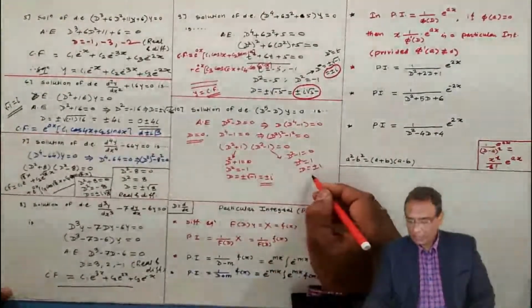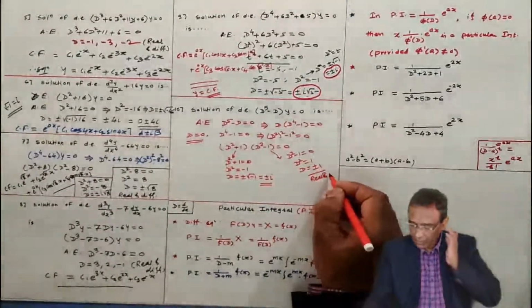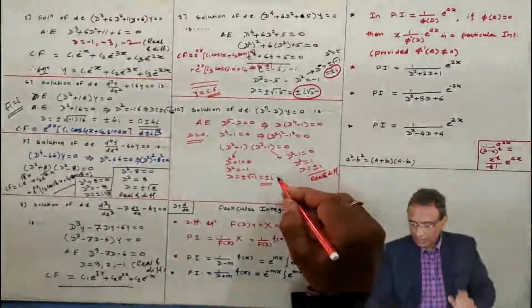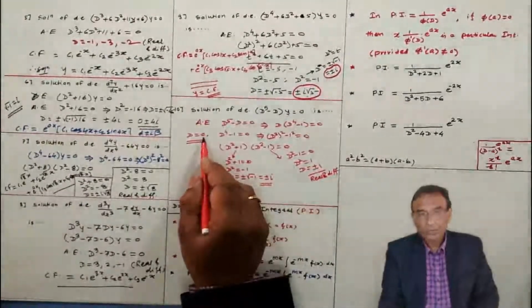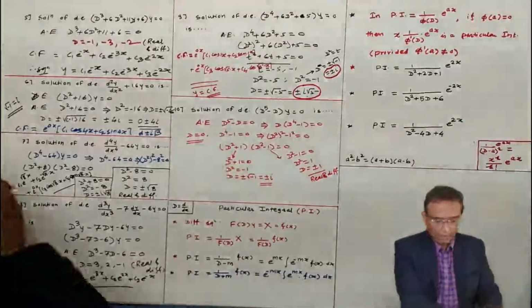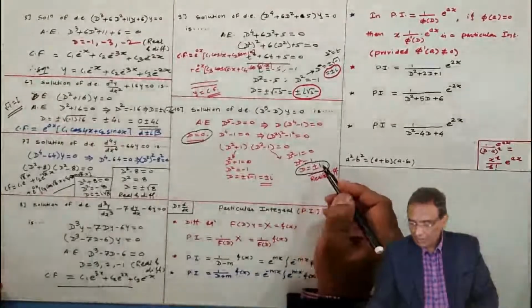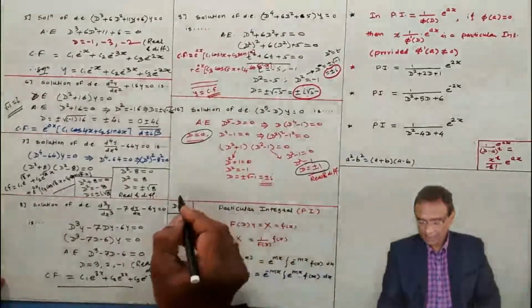These two are imaginary and different, these two are real and different. And this is a real root again. There are three real roots, the first real root, second and third real root, and these two roots are imaginary and different.